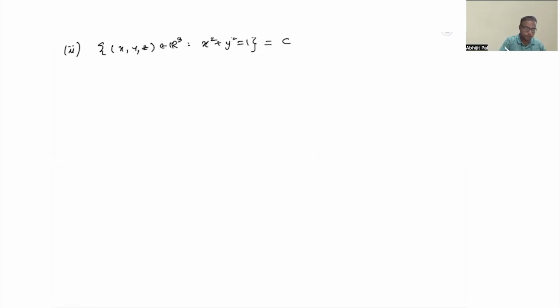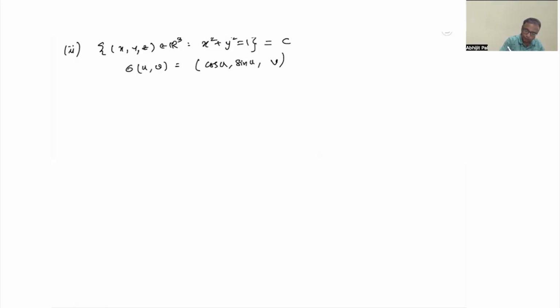So if I take this map sigma of u, v equal to cos u, sin u, v, okay, this sigma will give you a surface patch.